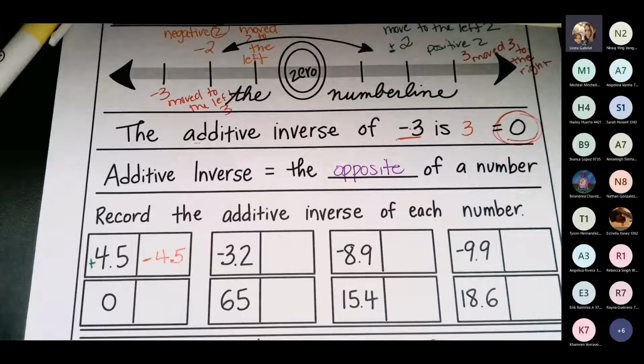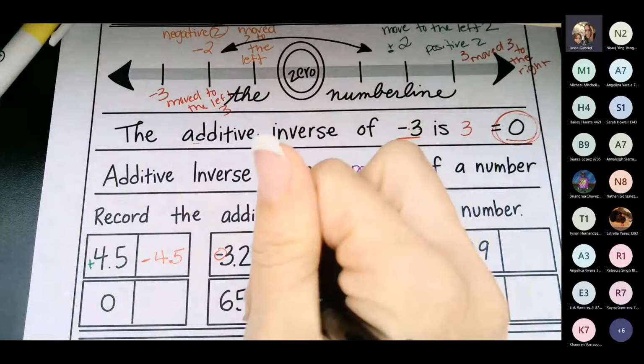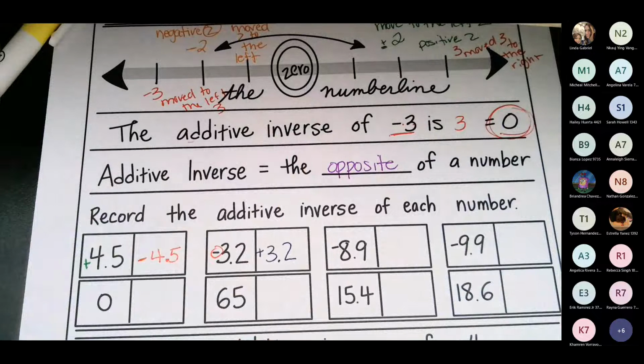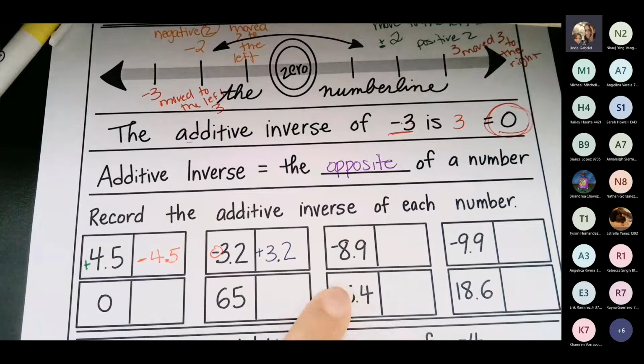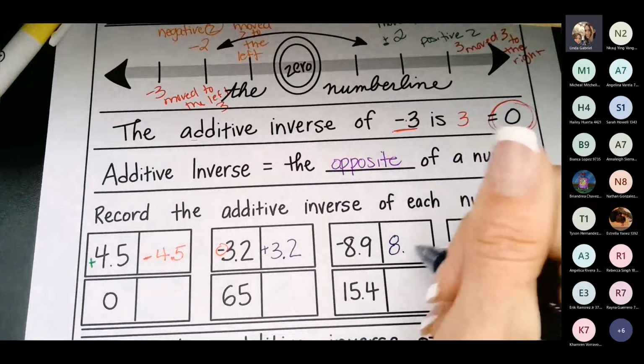Okay, so that means I have negative here at my 3.2. I'm going to have a positive, right? 3.2. Okay, what is my additive inverse for -8.9? Perfect, yep, positive 8.9.